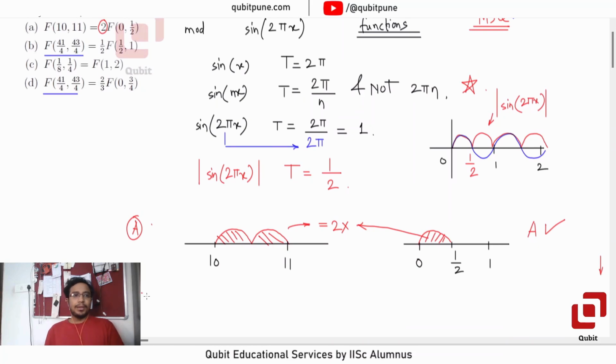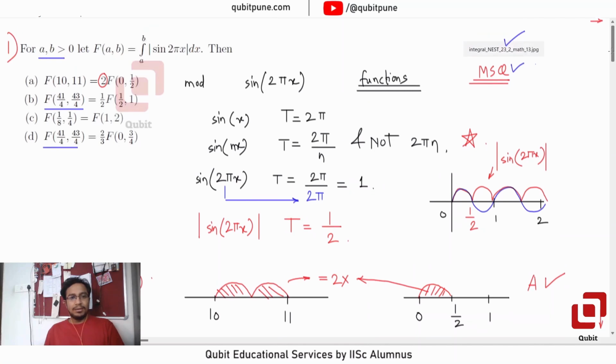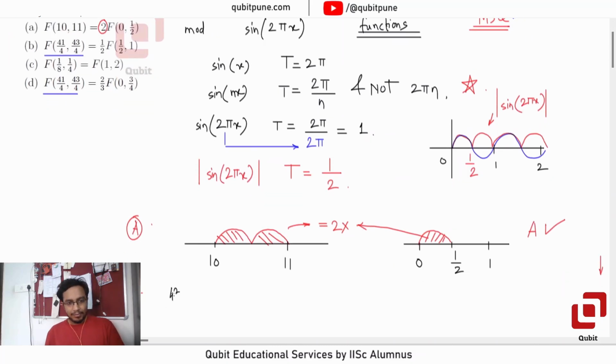Now it's 41 by 4 to 43 by 4. We may not be able to correctly locate the starting point of the curve at 41 by 4, but we can still make some valuations.